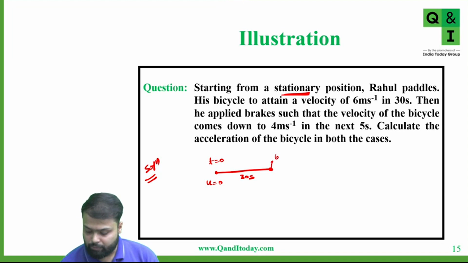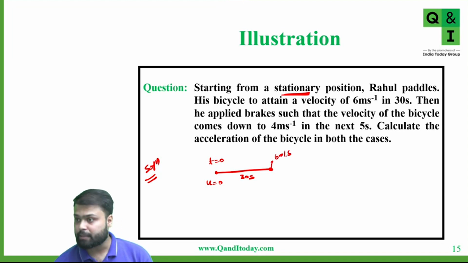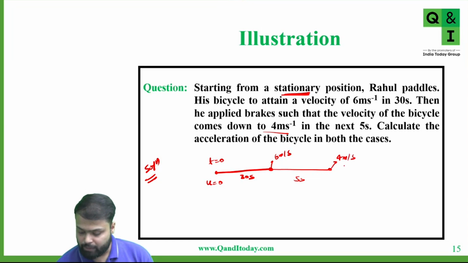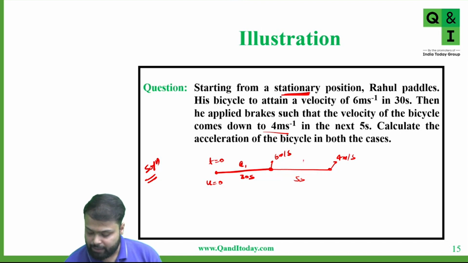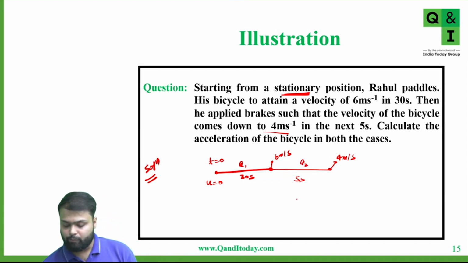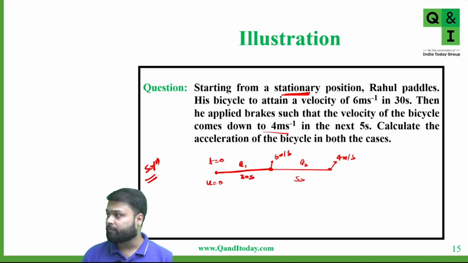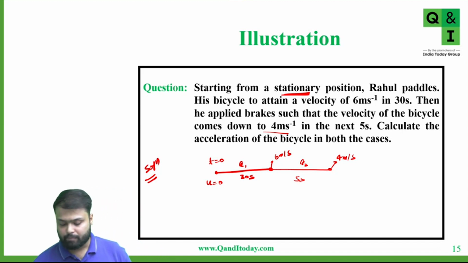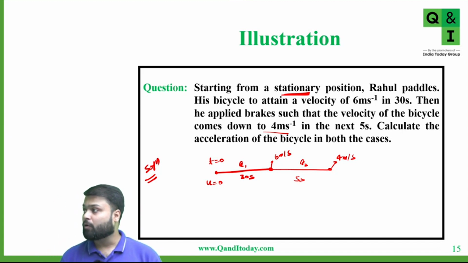Then he applies brakes such that the velocity of the bicycle comes down to 4 meter per second in the next 5 seconds. So here the velocity is 4 meter per second. Let's say here acceleration is a1, here acceleration is a2. Now we have to find the acceleration in both of the cases. So again use the formula that acceleration is change in velocity with respect to time, and everyone please solve this question.